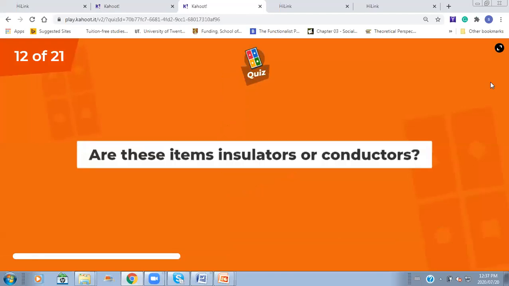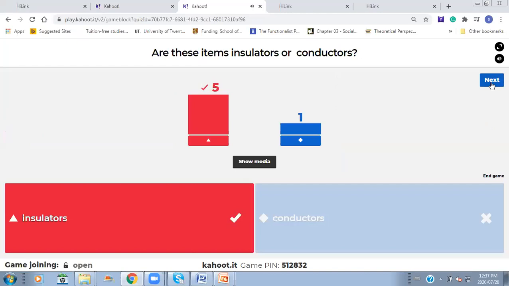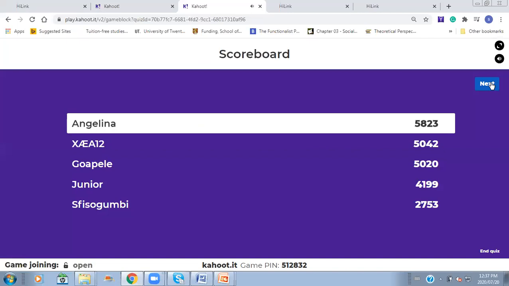Are these items insulators or conductors? So some of you didn't get this one, so it's repeating. You must get it now. Yeah, only one person didn't get it, but the others got it.